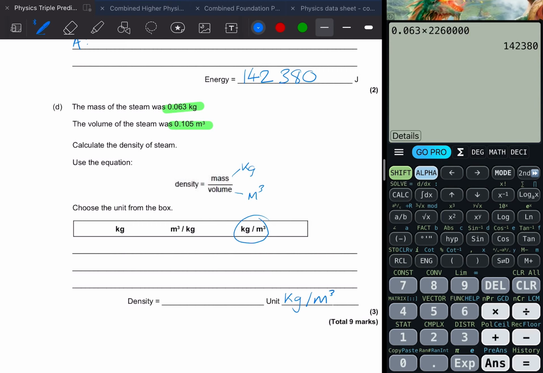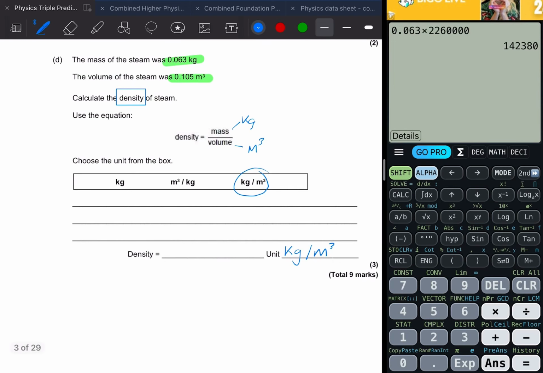So again, this should be a quite straightforward answer. And it wants us to calculate the density of the steam, and it's given us the formula already, so we don't even need to look it up on the sheet. So density is mass divided by volume, so we don't need to do the F. That is the F of the FIFA. All right, so the I, we're going to input it.